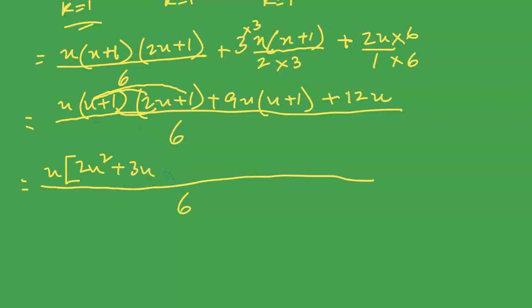Plus 1 times 1 is 1. Then, I have taken the n outside, so this has moved out. So it is 9n plus 9. And this n has gone out, so it is plus 12.